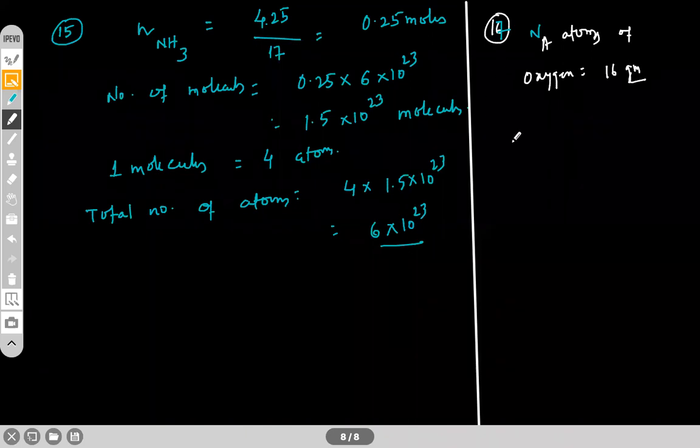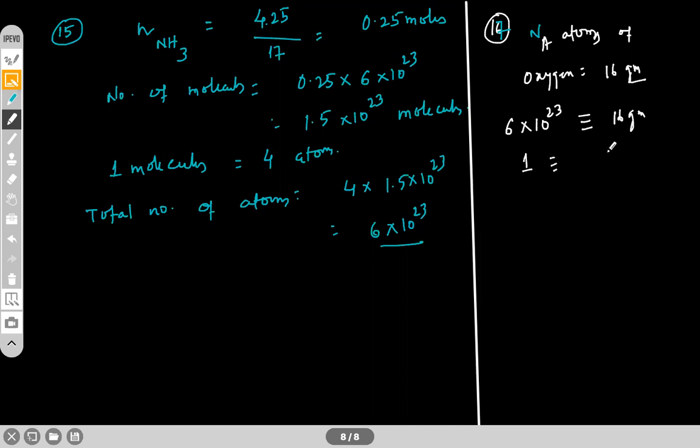Na atoms means 6 into 10 to the power 23, approximately, and it is equivalent to 16 gram. So for one atom, the mass is 16 by 6 into 10 to the power 23, so 2 point what?